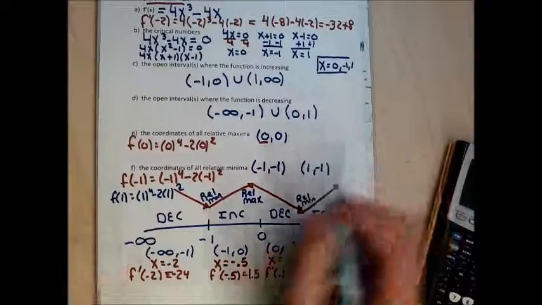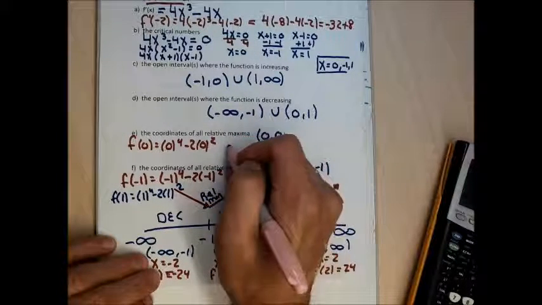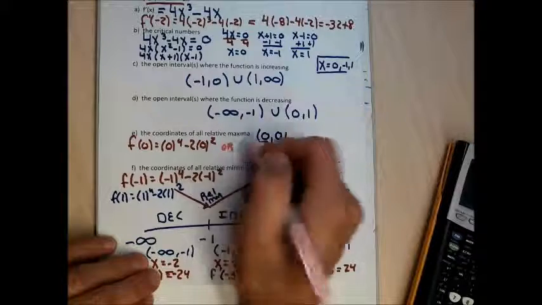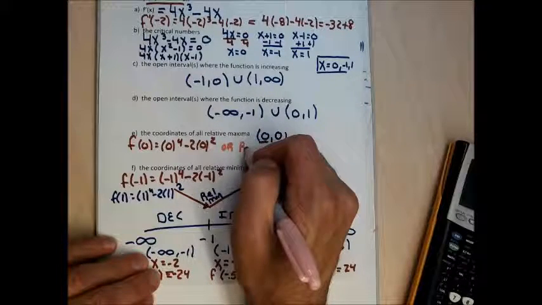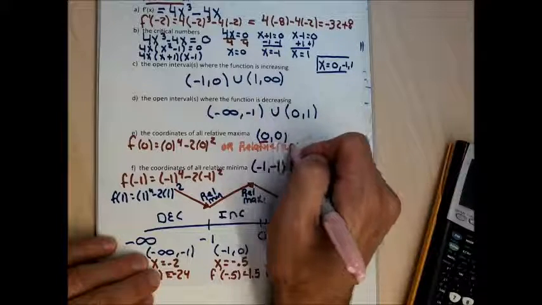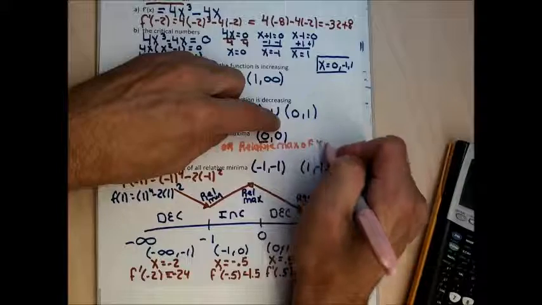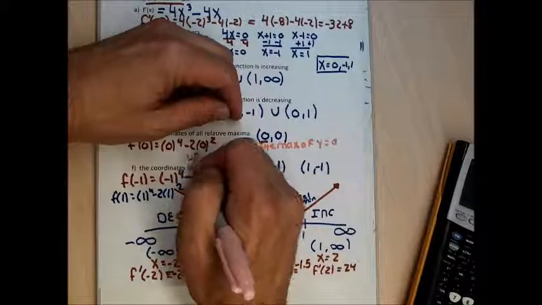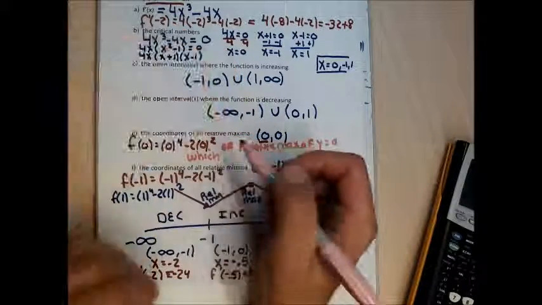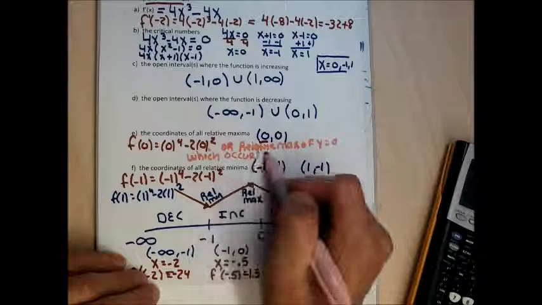In some sense, I have a perfect answer. It's absolutely acceptable. I can maybe write my maximum and minimum answers better. So for the maximum, I could have said, I'd live with 0, 0, but I might like better if you said there's a relative maximum of the y-coordinate of that point, of y equal to 0, which occurs when x equal to 0.